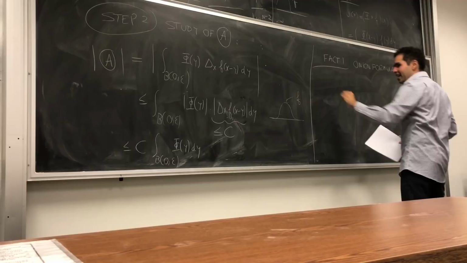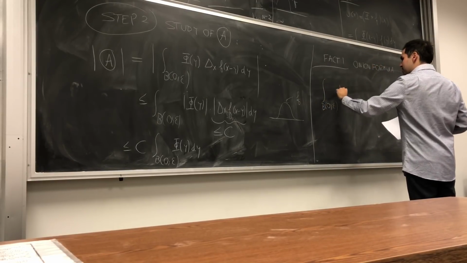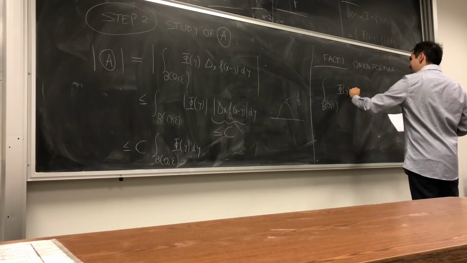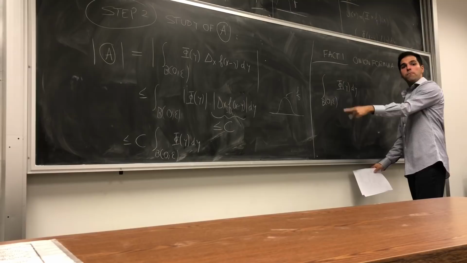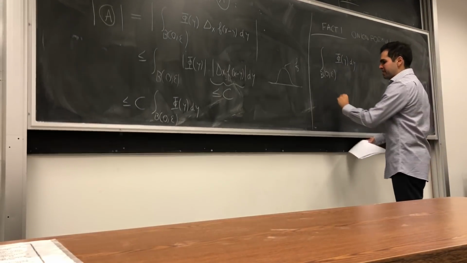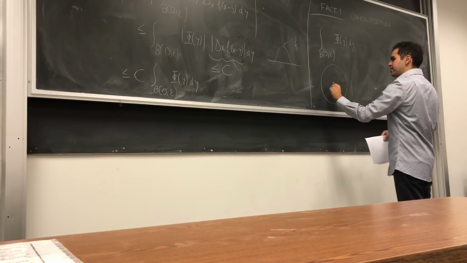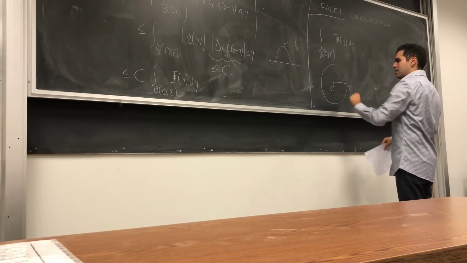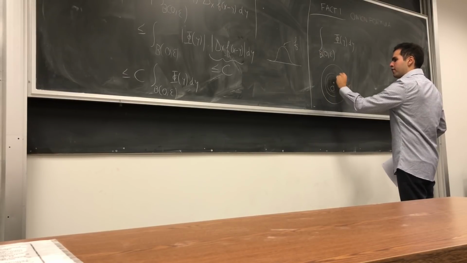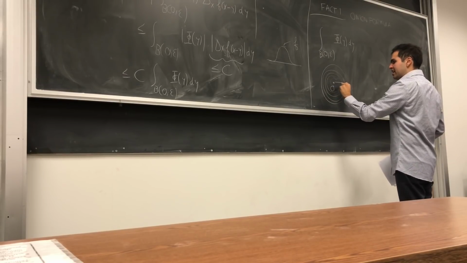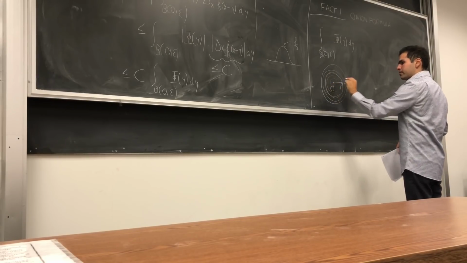And you'll see why. What this formula tells you is that, just like an onion, you can decompose this ball of radius epsilon in terms of smaller balls. So if this is 0 and this is epsilon, think of this ball as being decomposed of smaller rings, like onions, and suppose the typical ring has radius r.